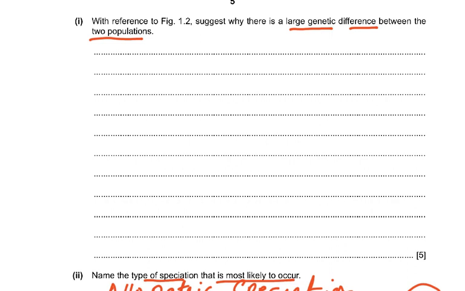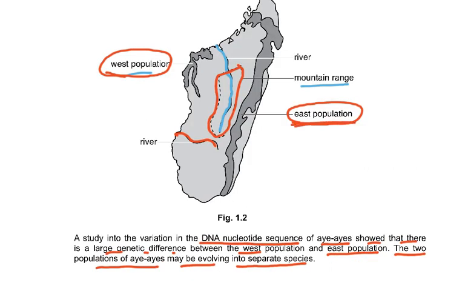Then there are different selection pressures, meaning that maybe the environment on this side was less harsh. The environment on this side was harsh. There were too many rains. And then, of course, the growth of plants would be affected. The trees would be affected. Maybe there's too windy conditions and the trees were all destroyed. So different selection pressures means different environmental conditions on the west side and on the east side.